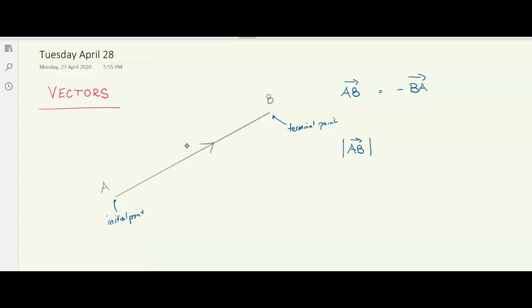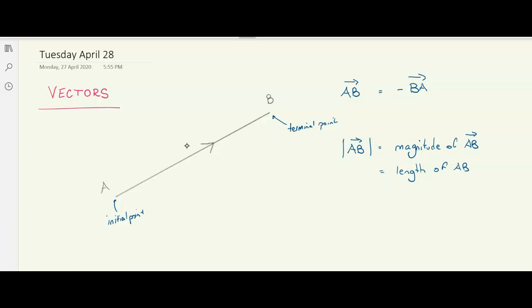We often use these absolute value signs to denote length or distance. So this simply says it's the magnitude of the vector AB, which is just the length. But in vector land, we call that length magnitude.